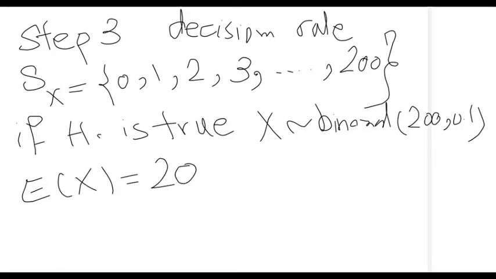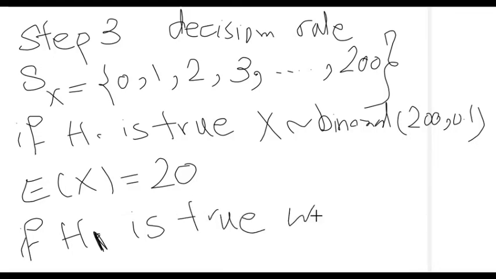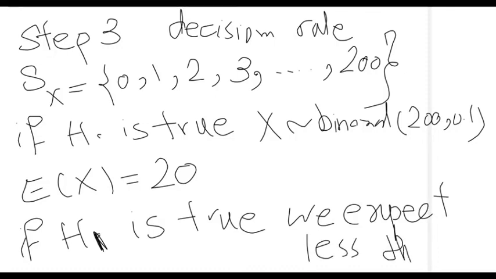If H0 is true, we expect roughly 20 defective boards. But if H1 is true, because the probability is less than 0.1, we expect less than 20.